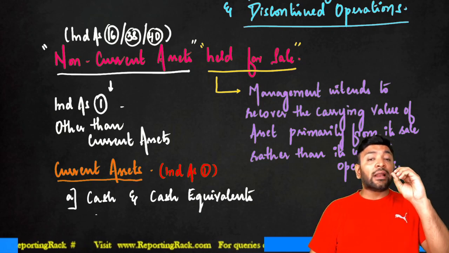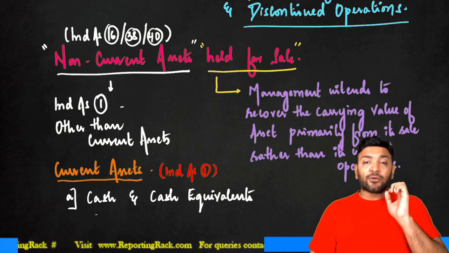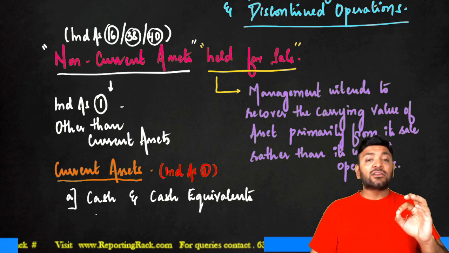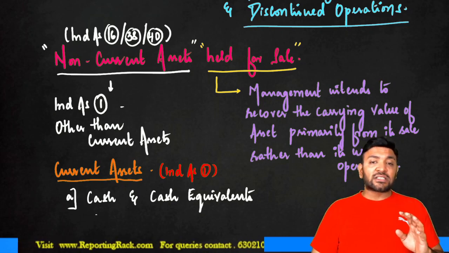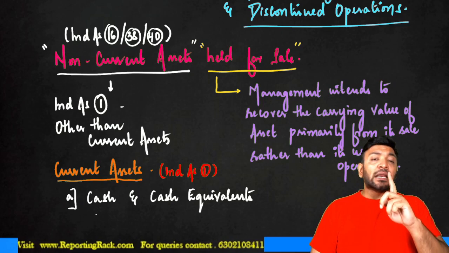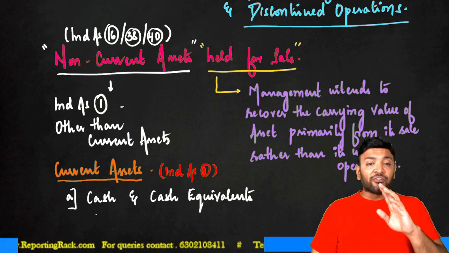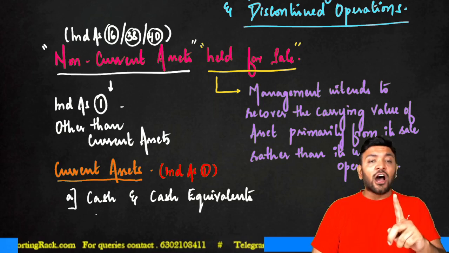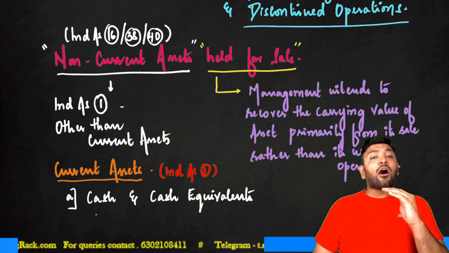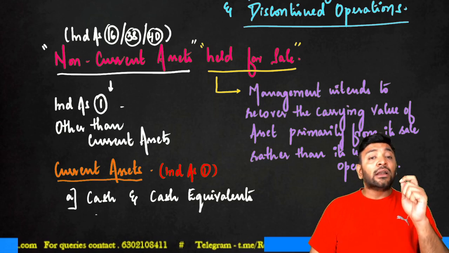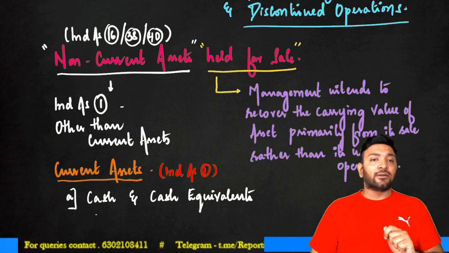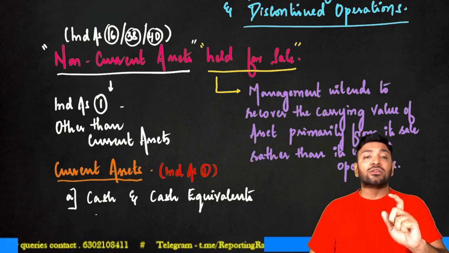That means they are particularly excluded from the scope of the standard. What are these assets which are excluded? Guys, the primary reason for excluding such assets from the scope of Ind AS 105 is that the criteria of non-current asset held for sale does not apply to those assets.